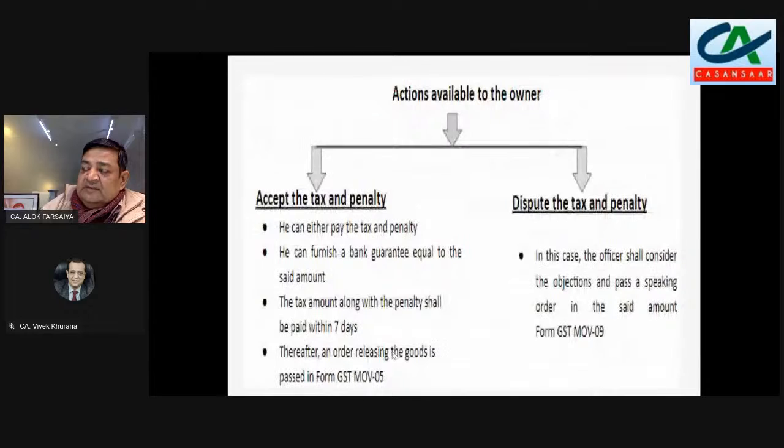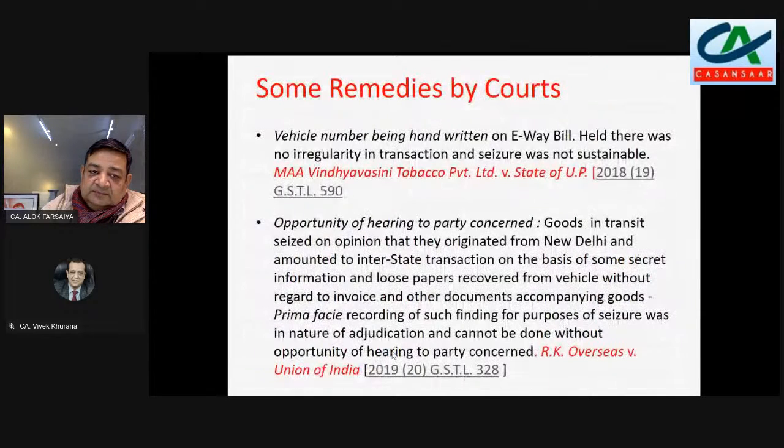There are some remedies by the court. As I have discussed, friends, there is circular number 64.